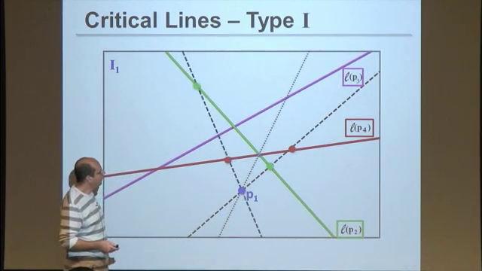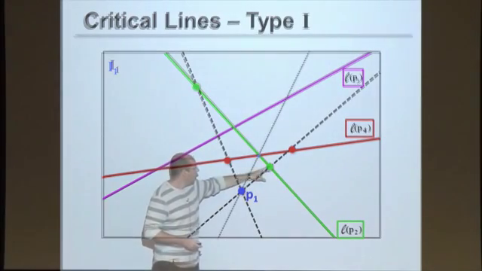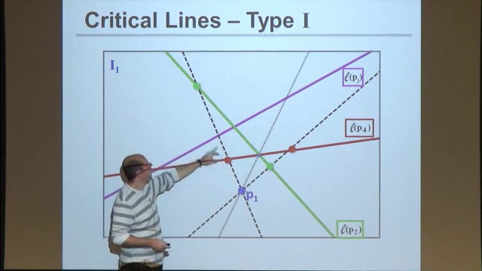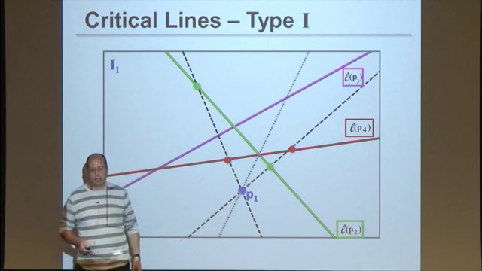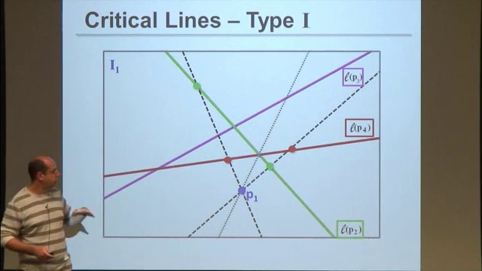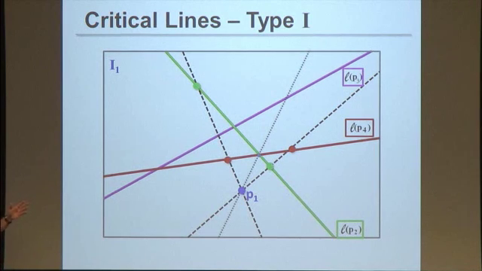And if this black line crosses this critical line, then the order of points changes. This is green, red, and now it switches to red, then green. So this is one type of critical lines. Every time the trajectory line crosses the critical line, the order of points along the trajectory changes.